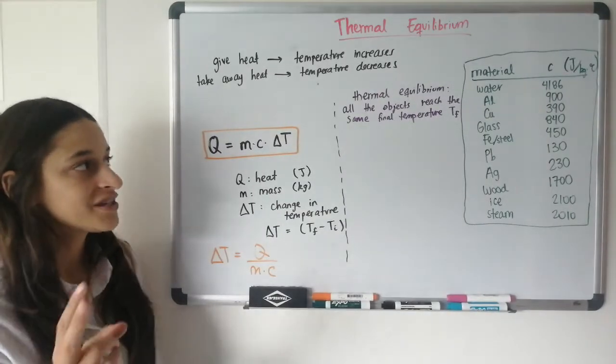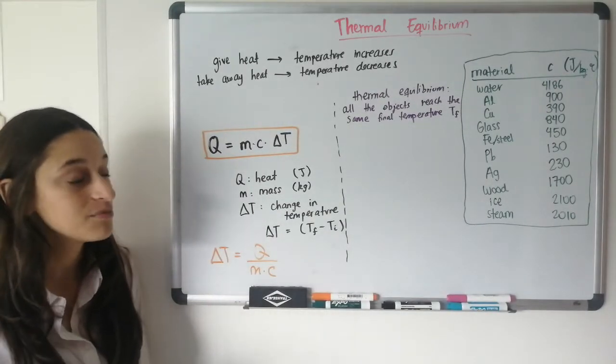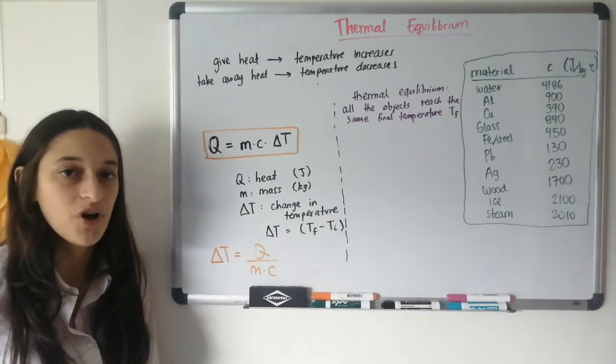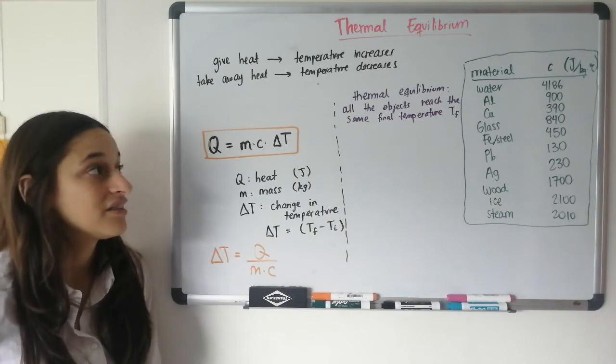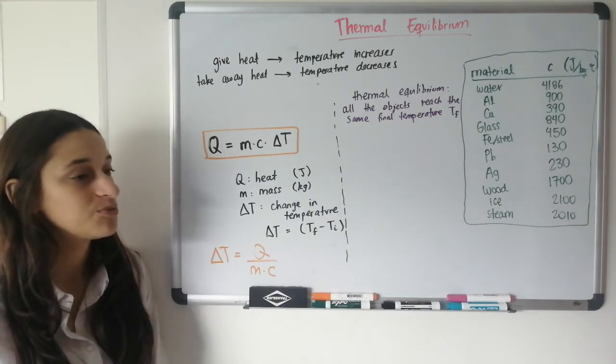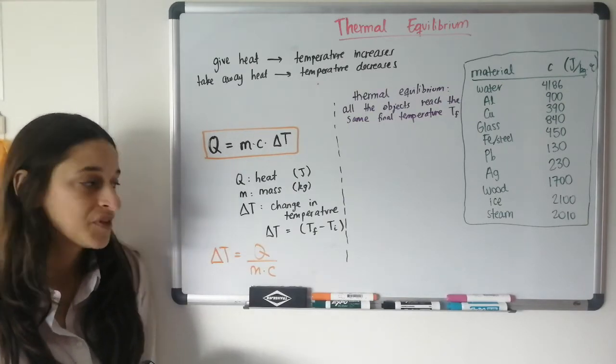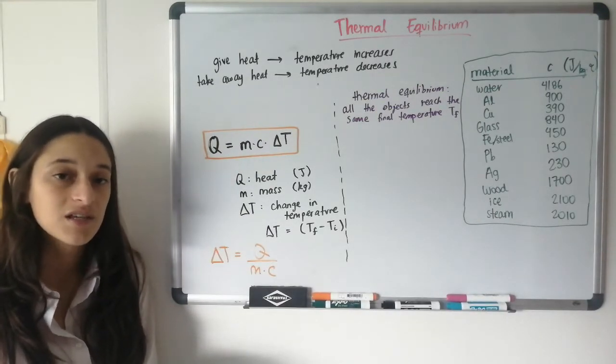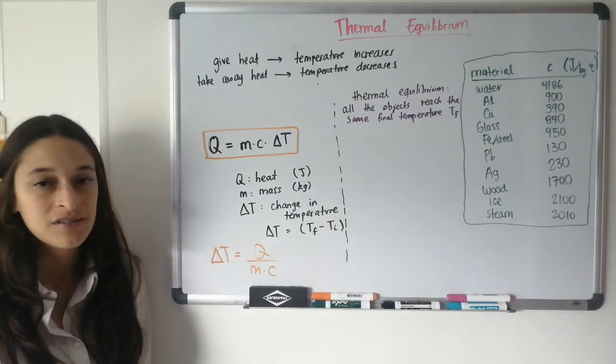So there are two things that sort of stay the same in thermal equilibrium. One is the final temperature. Both objects will have the same final temperature. And the other concept in thermal equilibrium is that all of the heat that one of the objects loses is going to be gained by the other object. Yeah?